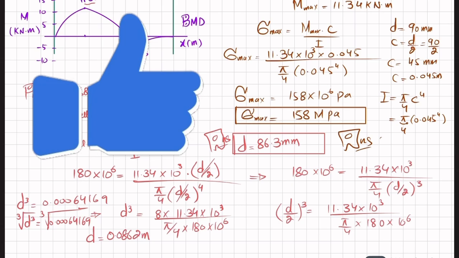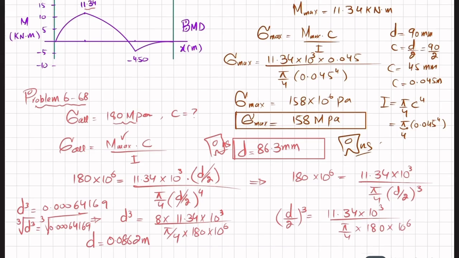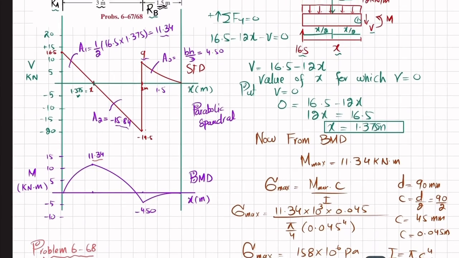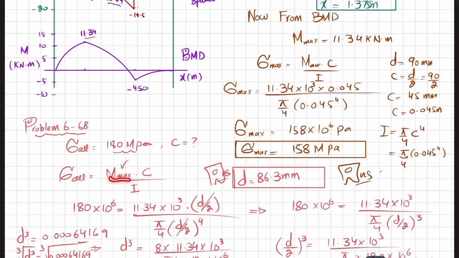Remember, if you have been given problem 6-68, you will need maximum bending moment, for which you have to perform all these things. Clear? Once you get maximum bending moment, you can just put it in this formula.